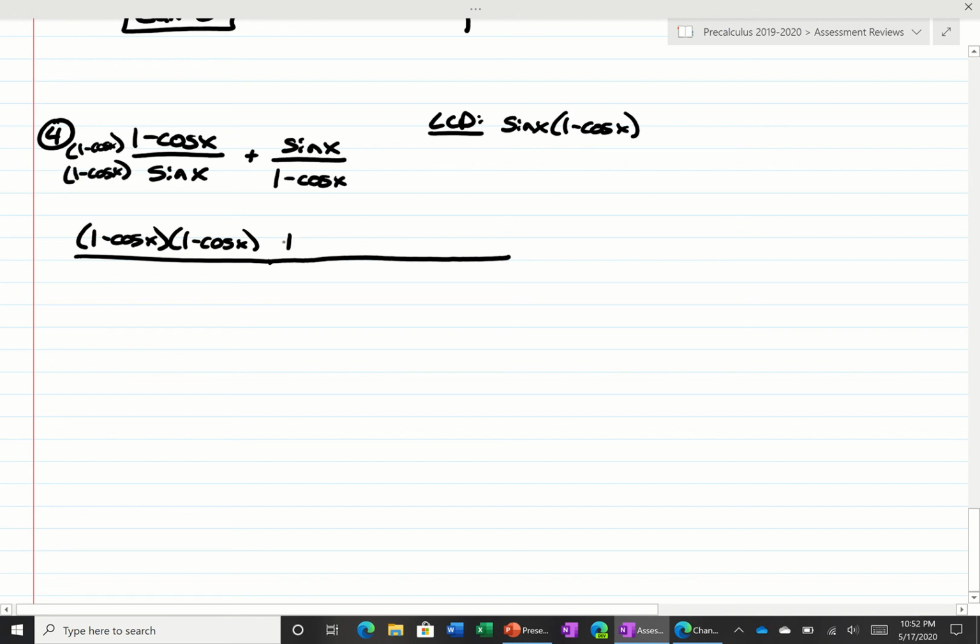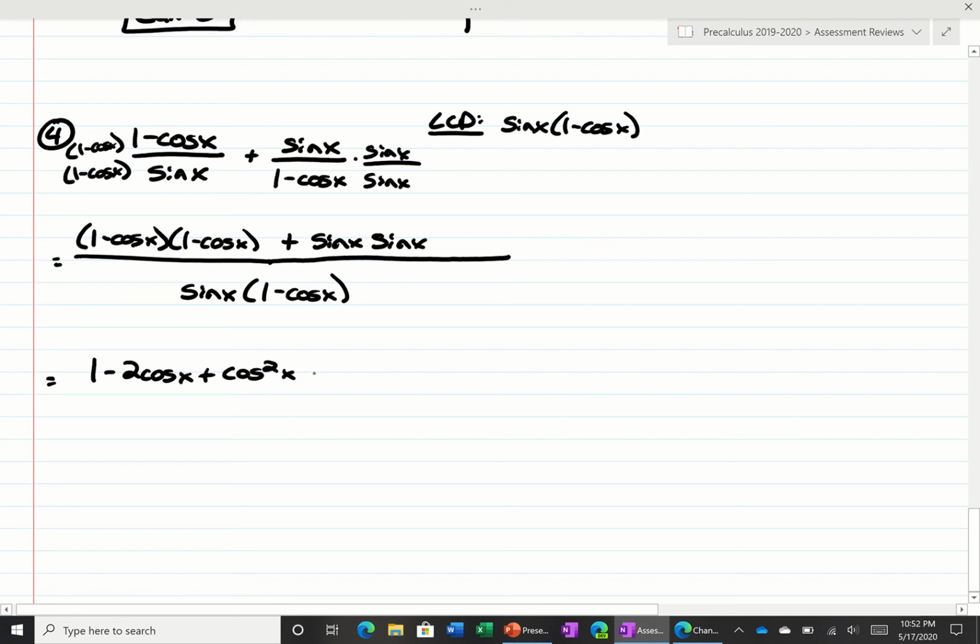And this will be plus sine times sine of x. The top will be 1 minus 2 cosine of x plus cosine squared of x plus sine squared of x.